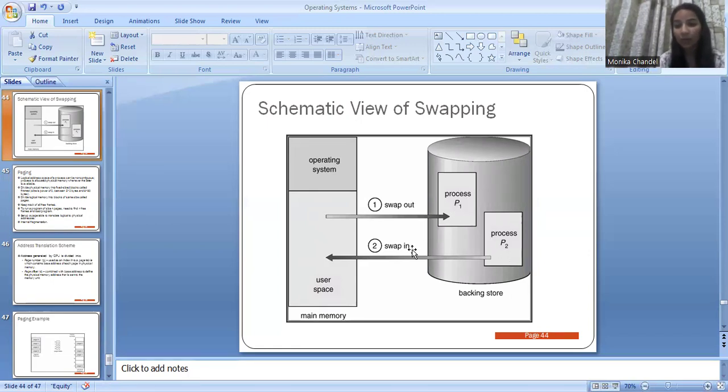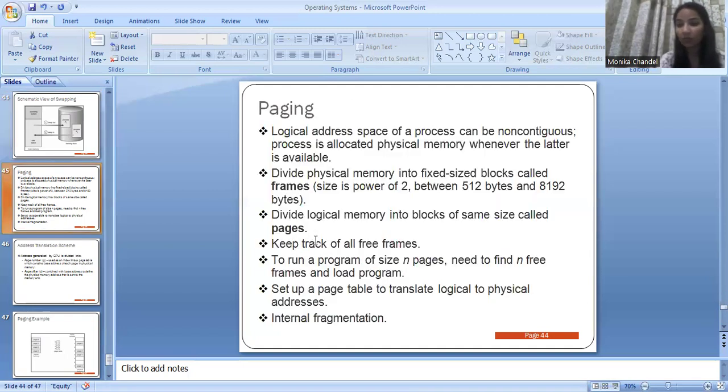Process 2, after all the execution, is stored in main memory permanently, and swapping out means process 1 is stored while the execution is running, so it is stored in a temporary way. Whenever process 1 is complete, it will be stored in a permanent way in the main memory.